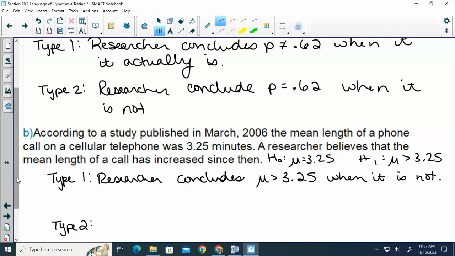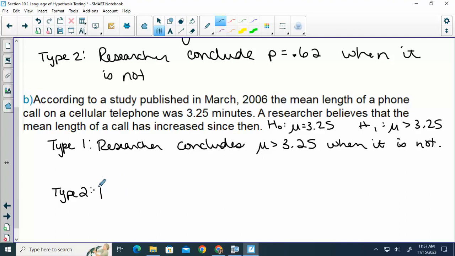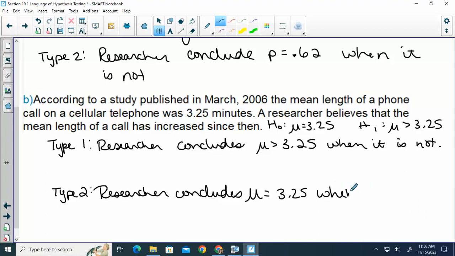What would type 2 be? So we conclude the mean is still 3.25, and it is actually greater. And again, I'm saying greater because my alternative hypothesis was greater than. All right. Any questions there?